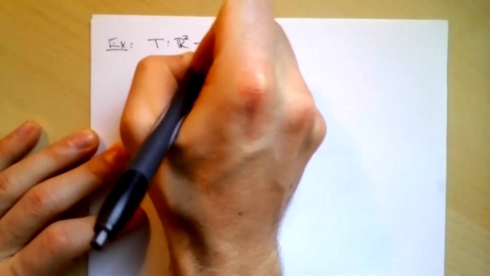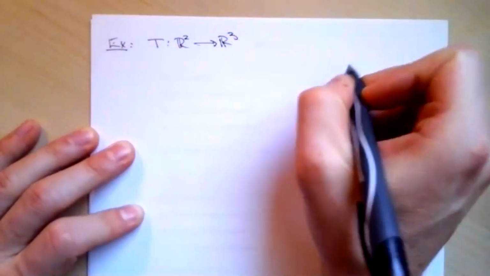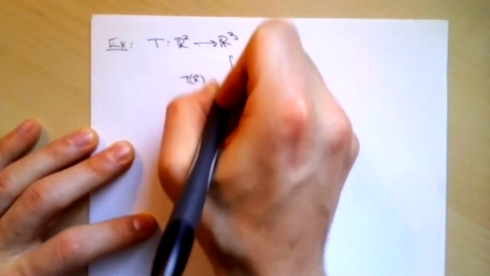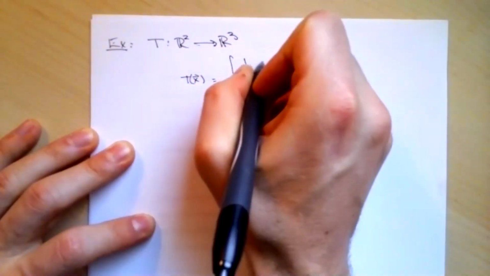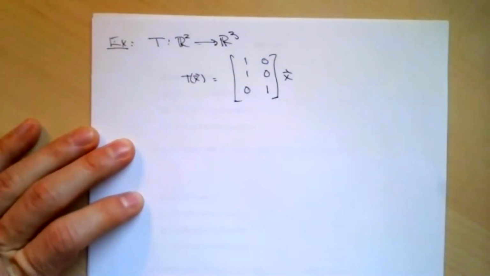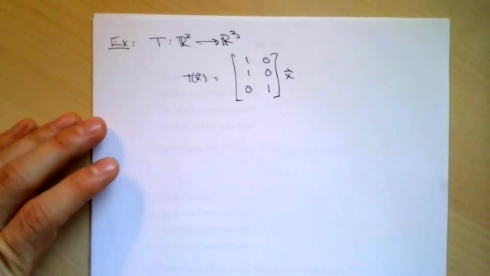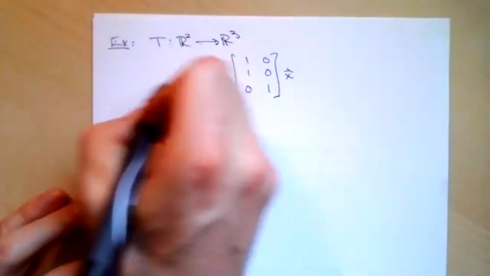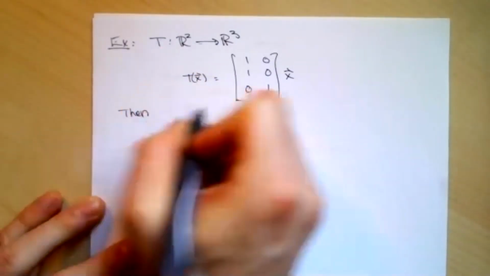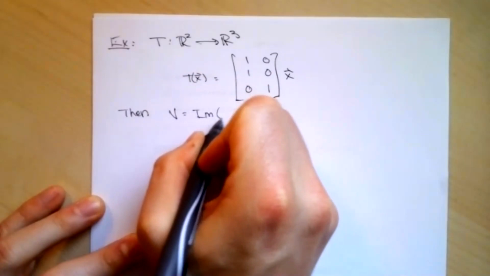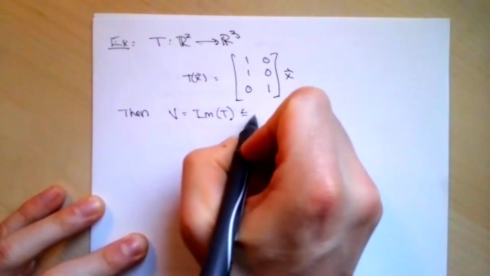We've got a linear transformation from R2 into R3 given by T of X is the matrix with rows 1, 1, 0 and 0, 0, 1 acting on X. So we know that we can define a vector space V as the image of T, and that is a subspace of R3.